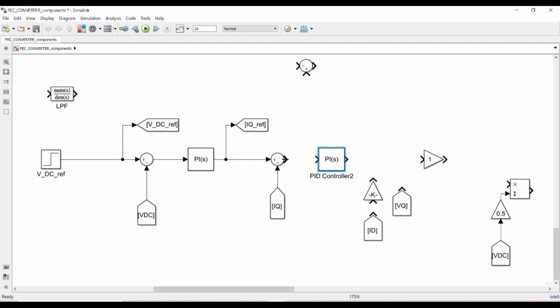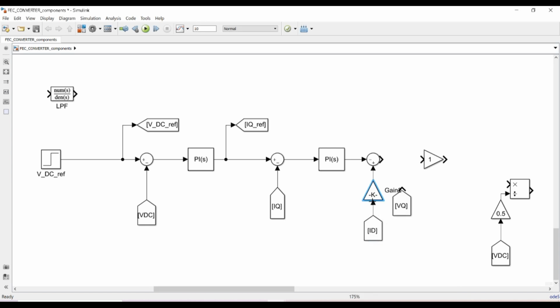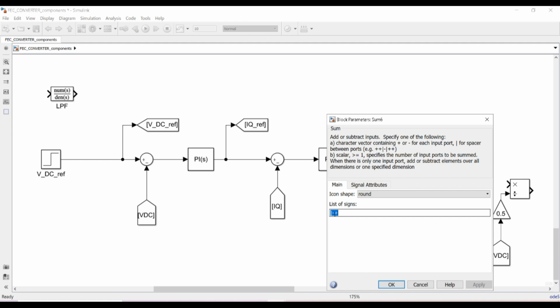Let us change this value later, and then we will adjust the cross terms. The cross terms is over here. Here it is 2 pi omega. Omega is 50, and L grid. This is the L grid, and multiplied by ID. So after that, whatever we have got, we will add VD to it.